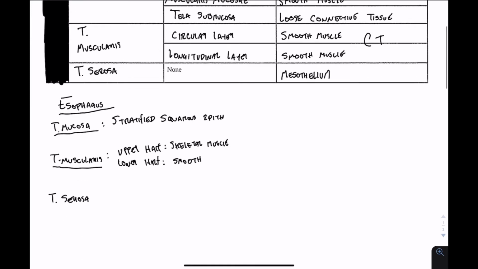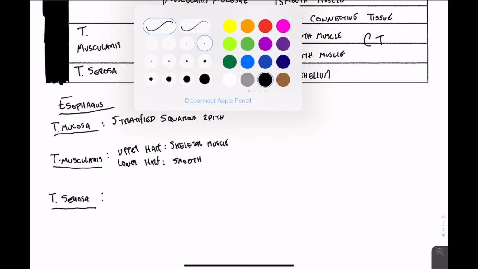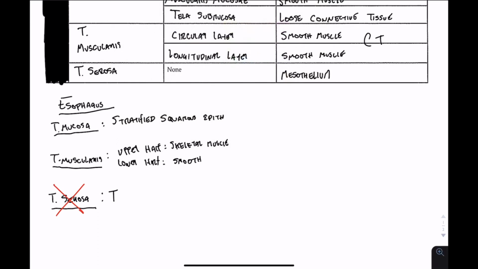And then we get to the tunica serosa, and this is not in that peritoneal cavity. Most of it, except for the very end tip under the diaphragm, is up in the thorax. So instead of tunica serosa, we call it this, tunica adventitia.